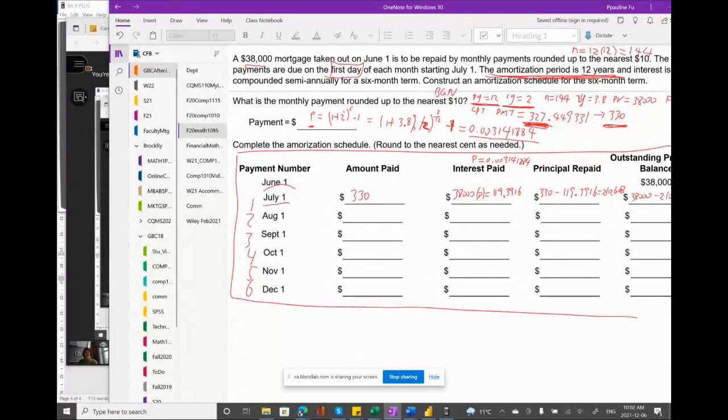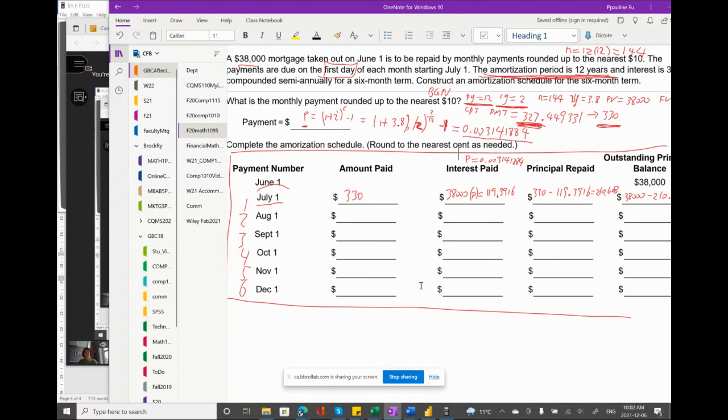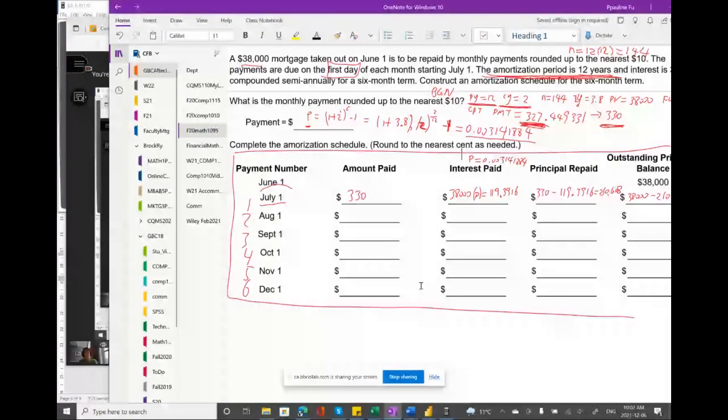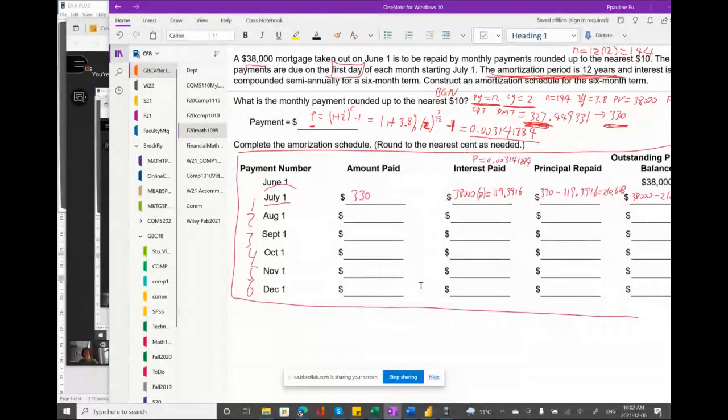Any questions for the equivalent rate per payment period, P? How do you calculate P? All right, let's keep on going.